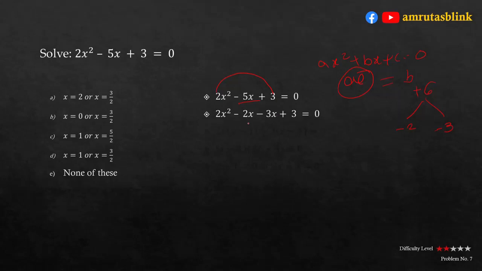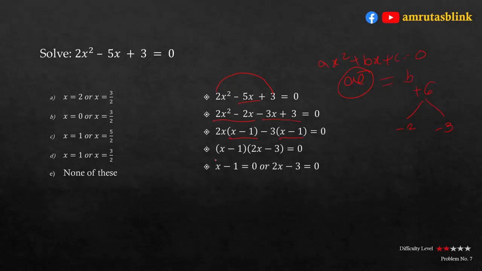So 2x square minus 2x minus 3x plus 3 is equal to 0. Now from first two terms we will take 2x common. So 2x into bracket x minus 1, and from these two terms we will take minus 3 common. So minus 3 in bracket x minus 1. Now we will take x minus 1 common. So x minus 1 into 2x minus 3 is equal to 0.